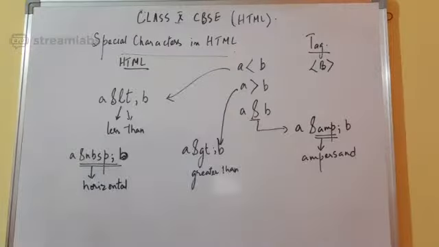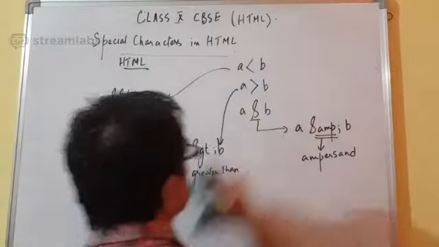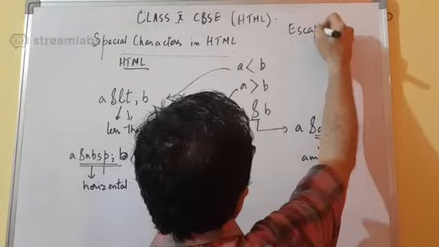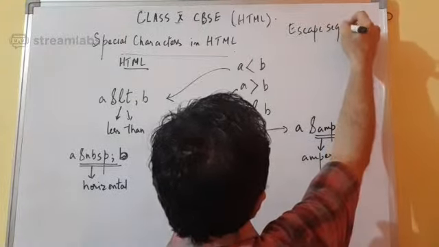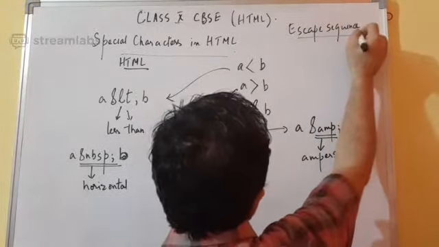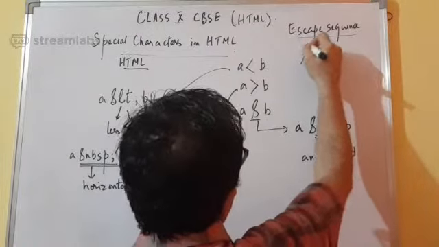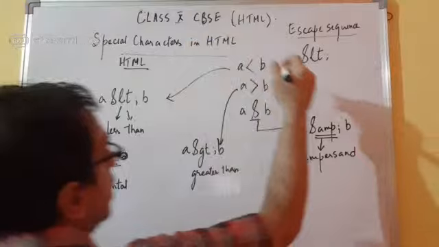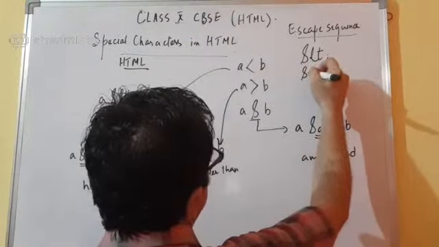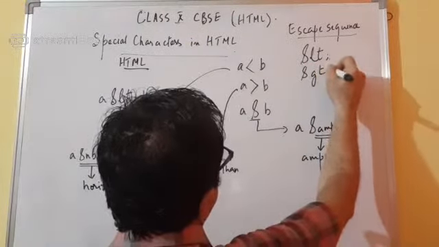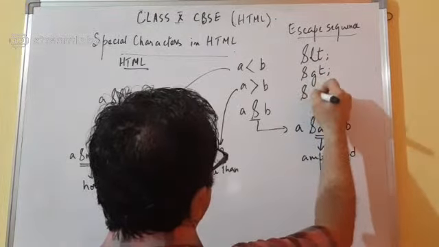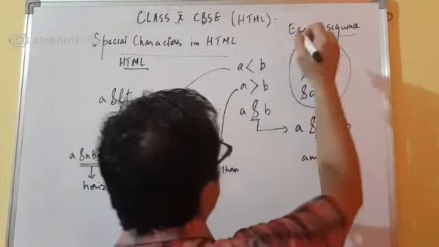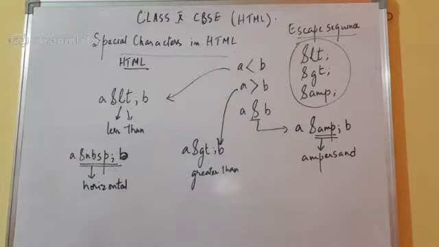What are these things called? Escape characters, or escape sequences. First is ampersand LT, then ampersand GT, then ampersand AMP. All of these are collectively a part of your escape sequence.